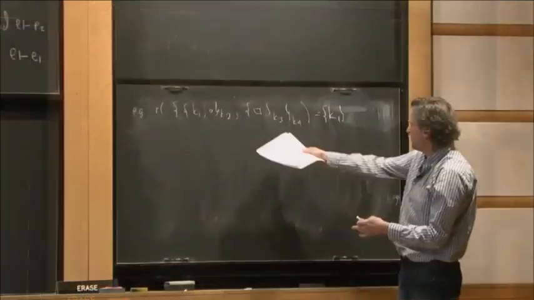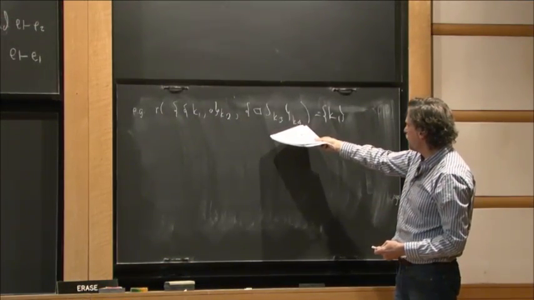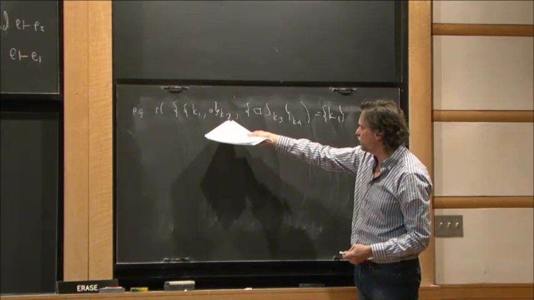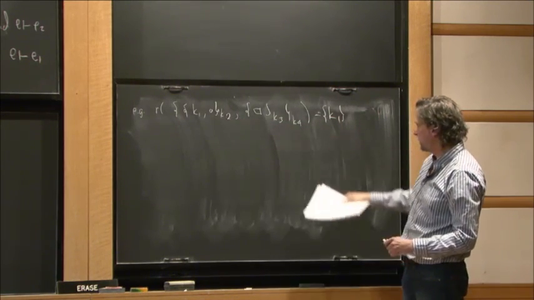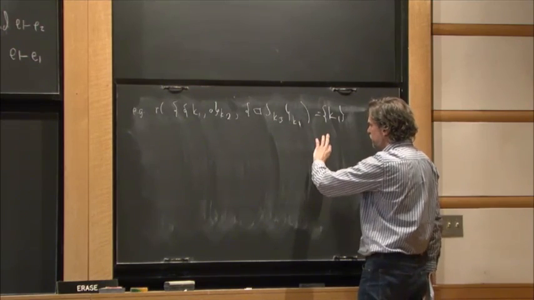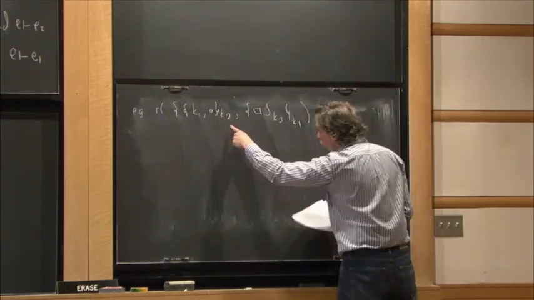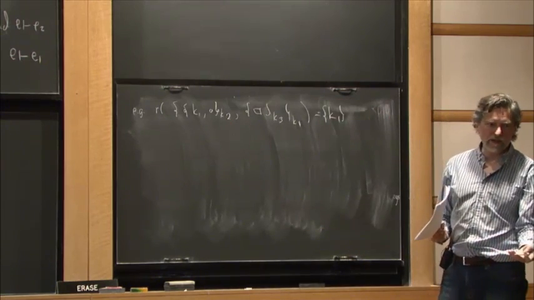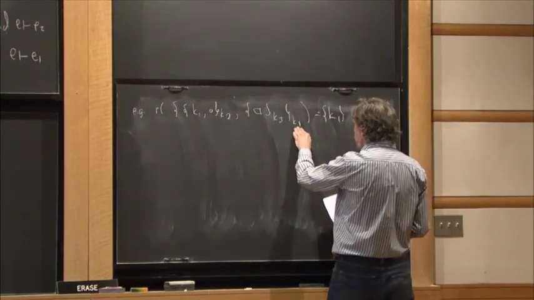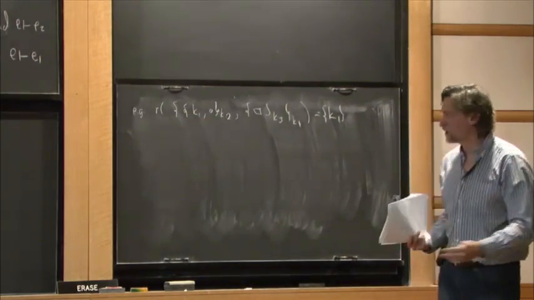All right, so if we have this expression, K2 and K3 only appear as encryption keys. K1 appears as an encryption key, but it also appears inside of a message.